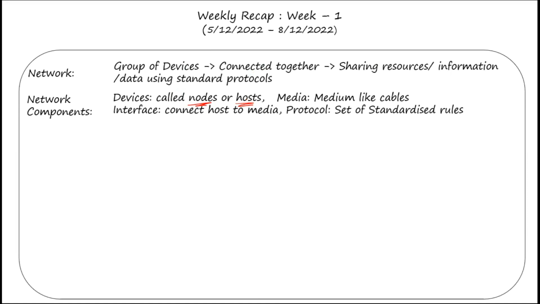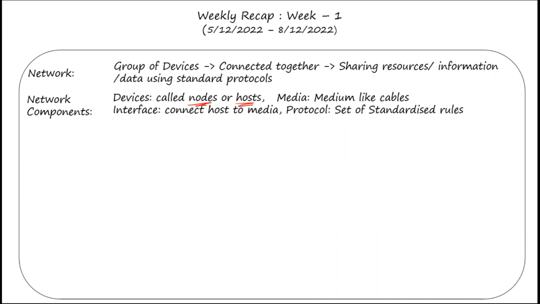It could be your computer, your mobile phone, your printer. Your printer is connected to the network, you're able to send or receive prints. Your fax machines, your refrigerators are hosts. Today, you can check the temperature, you can reduce the temperature. Your air conditioners, your GPS systems, everything that is connected to the web, which you can control through your device or from which you can receive data, is called a host.